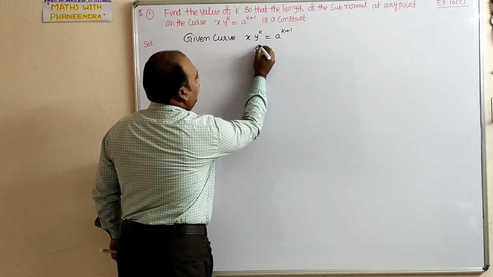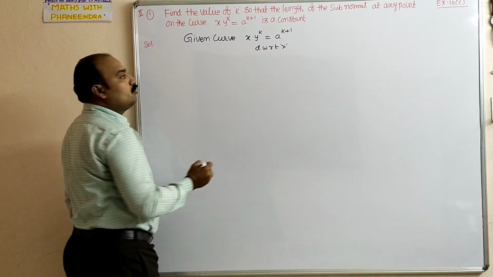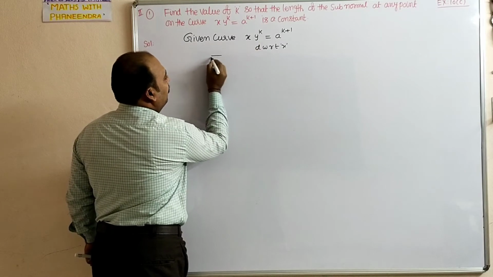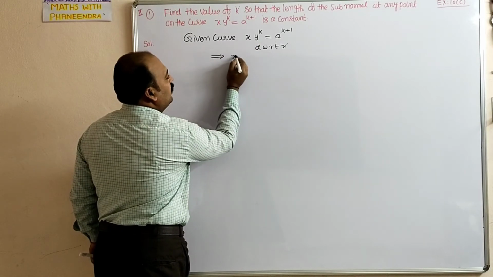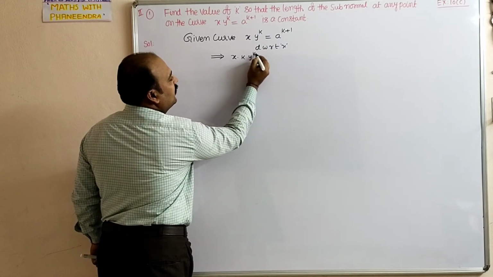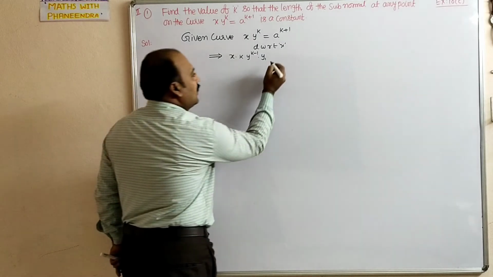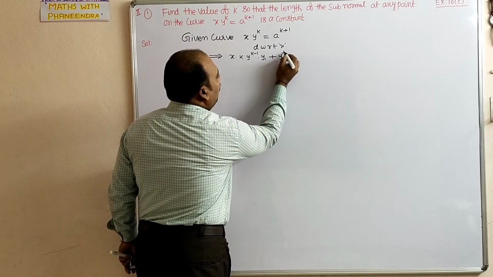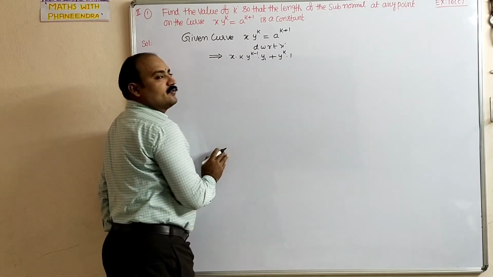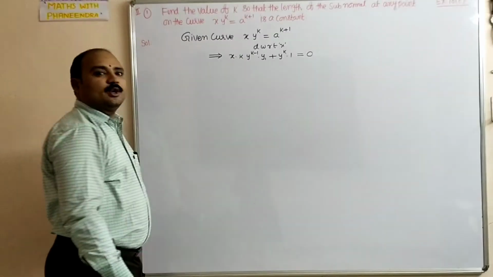Differentiate with respect to x to get the y1 value. The UV formula you can apply. x into d by dx of y power k, so k into y power k minus 1, again y derivative is y1, plus y power k into d by dx of x is 1, which is equal to a power k plus 1 derivative, which is 0.